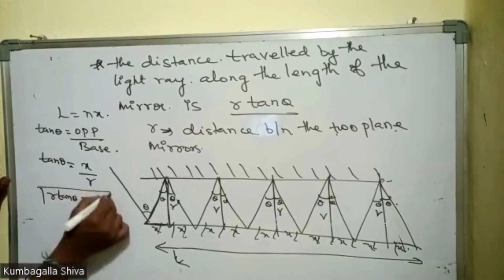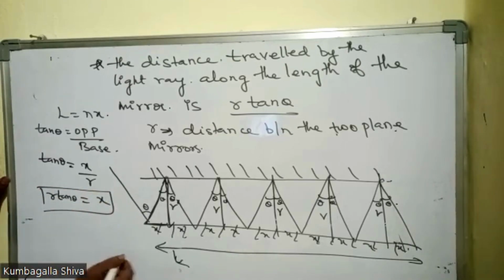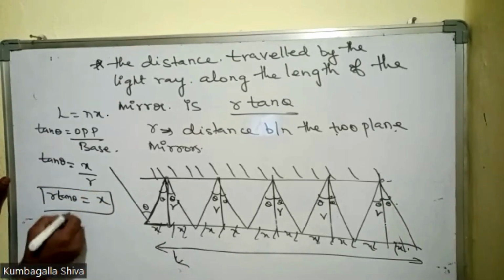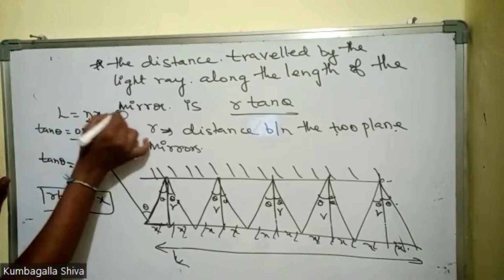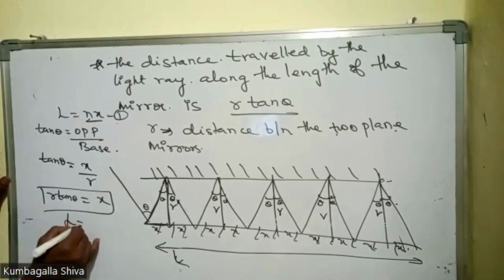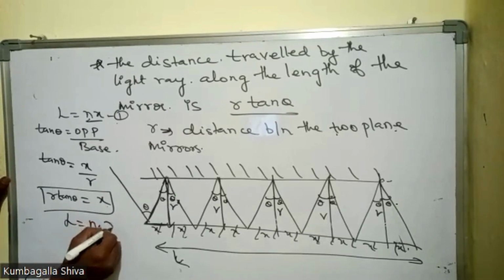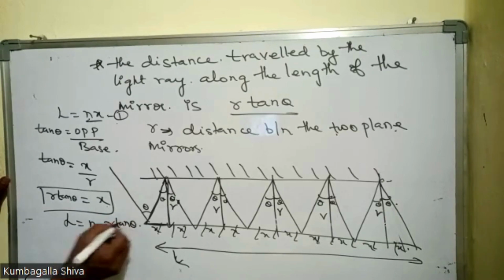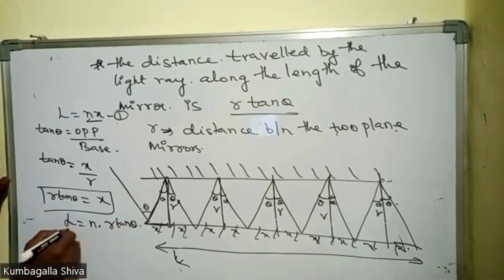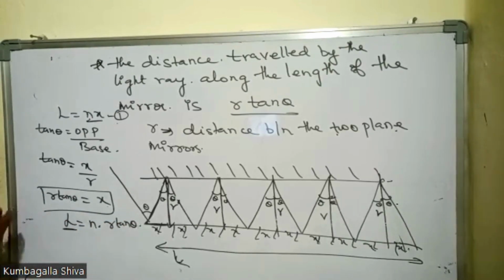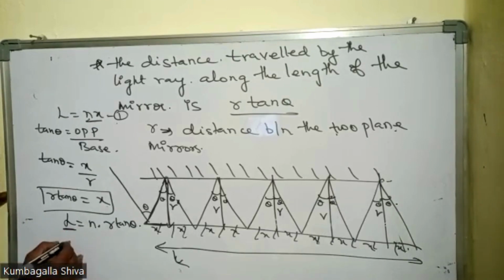Now I replace this. Length is equal to nx, this is in the first equation. If I replace x with r tan theta, L is equal to n times r tan theta. Here L is the length of the mirror, and n is the number of reflections.